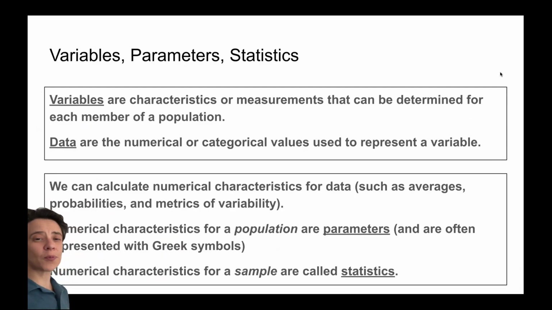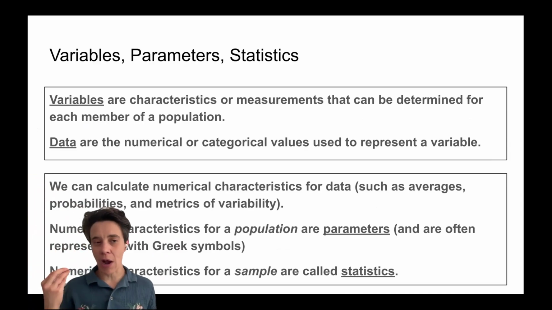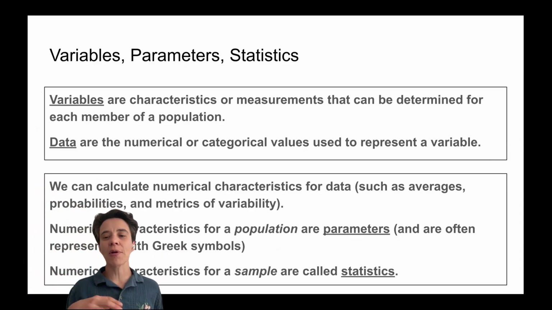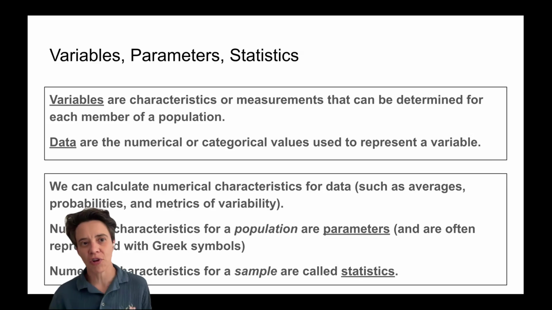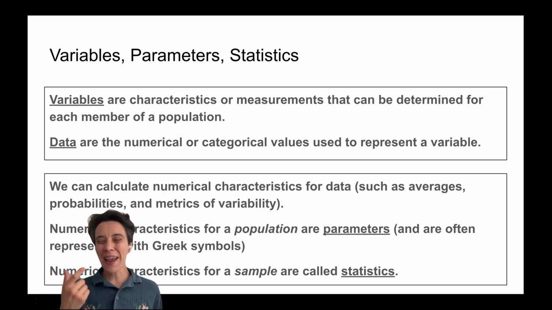Next, variables, parameters, and statistics. When we are gathering data from a sample or population, again usually a sample, what we're typically gathering are data that measure particular characteristics we're interested in. And we will gather that same data for a bunch of individuals in the sample or population. Those characteristics that we're interested in are called variables.